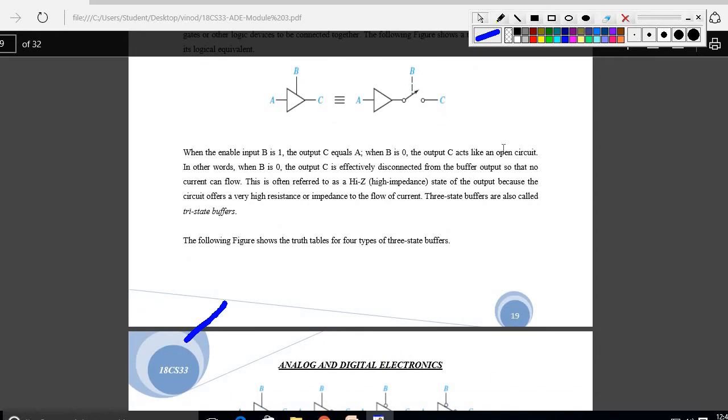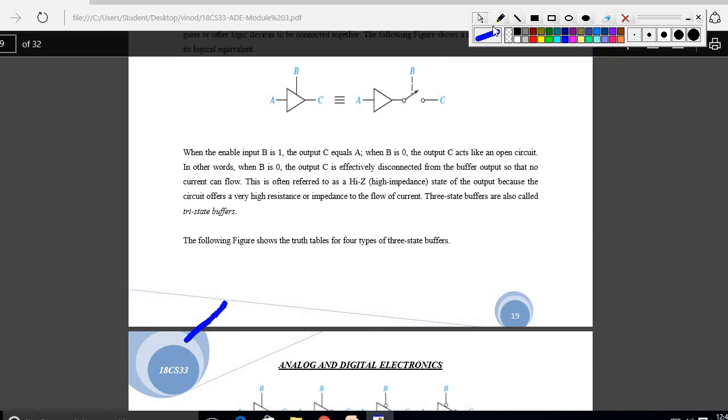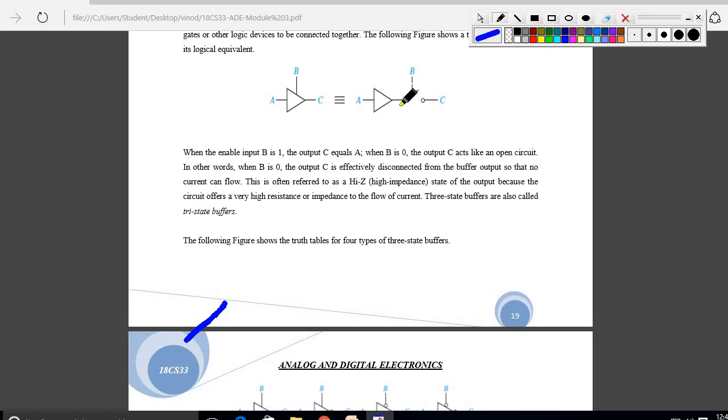Later we'll also write the truth table. The output C is effectively disconnected from the buffer output so that no current can flow. If there is an open circuit, there is no current flow. If it is a closed circuit, some current is flowing in the circuit branch, but here it is an open circuit, so no current flows.